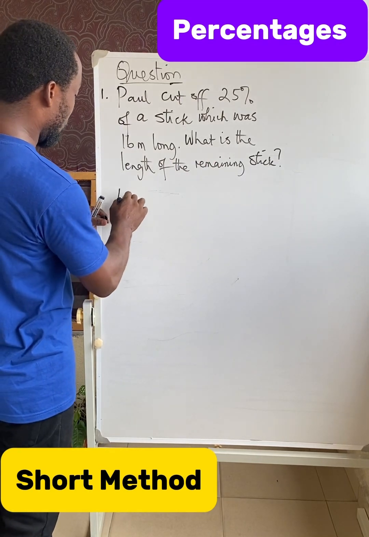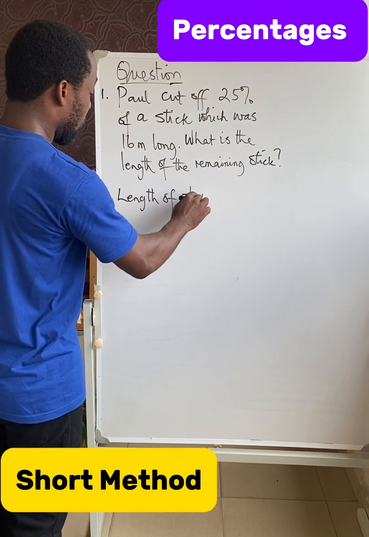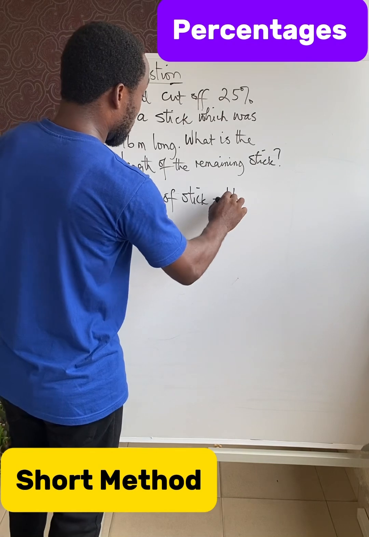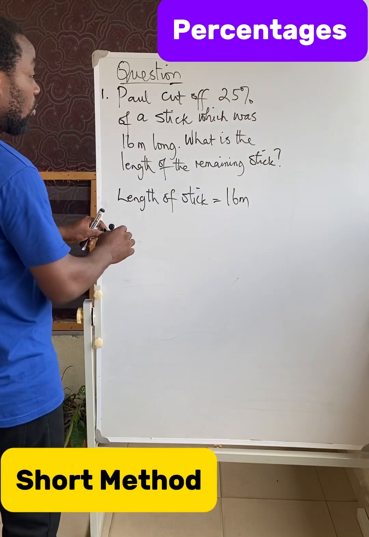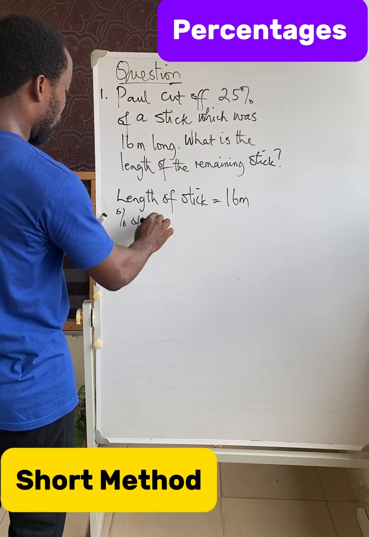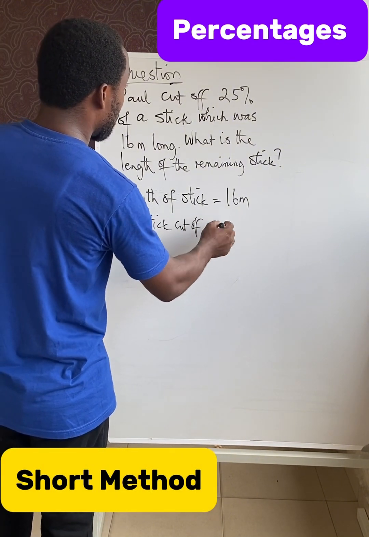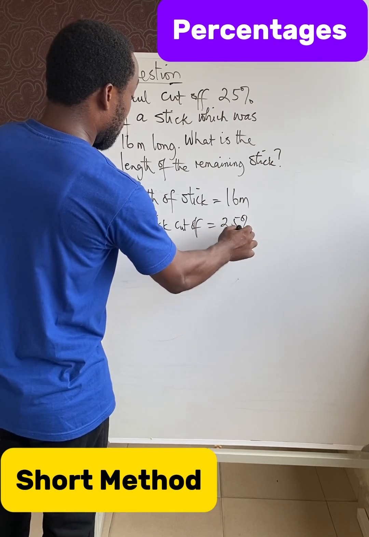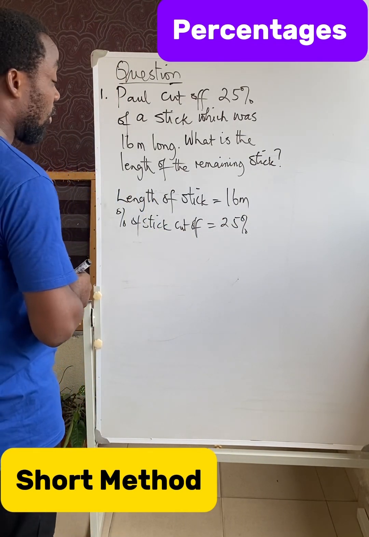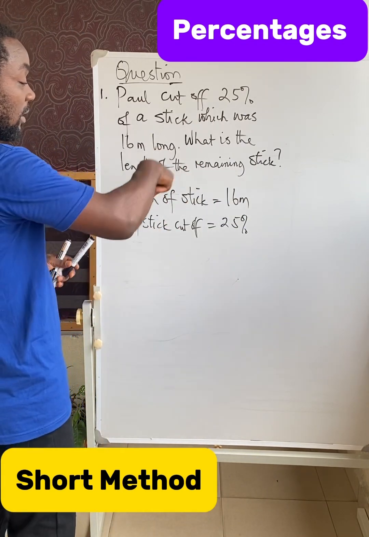That is, the length of the stick is equal to 16 meters. So the percentage of stick cut off is equal to 25%.